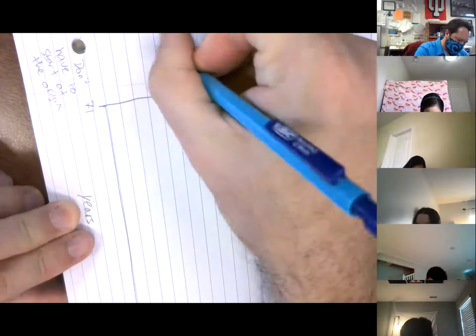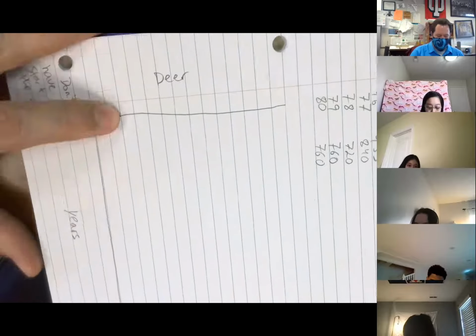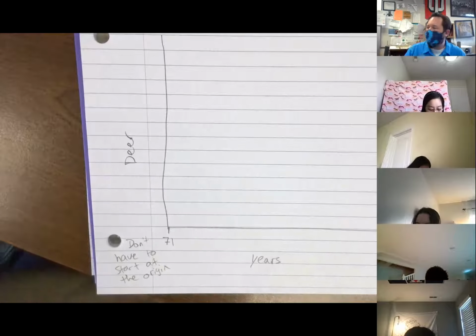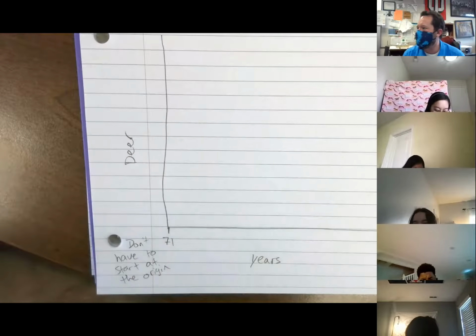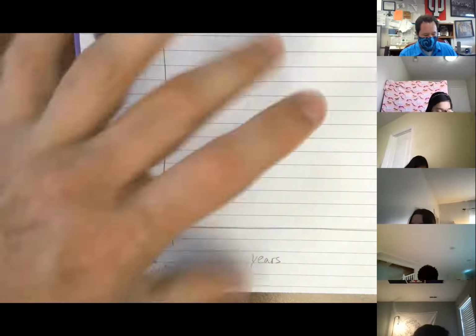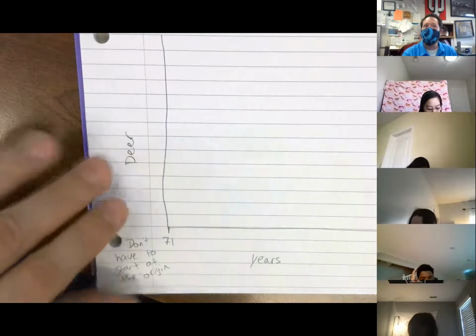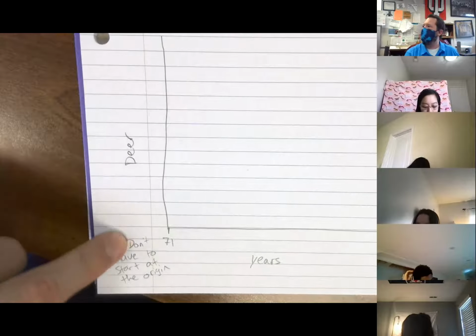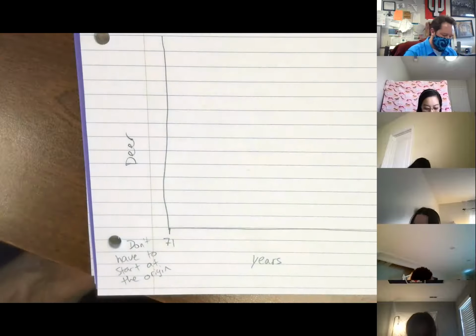And we're going to graph our population growth here on the y-axis. Deer on the y-axis, year on the x-axis. And again, you don't have to start at the origin. A lot of people do, and sometimes it can really distort your graph. The point is we want to open this graph up and use as much of it as possible. If you're always starting at 0, 0, you're going to have a lot of wasted space on that graph. So just kind of first heads up there, you don't have to do that.